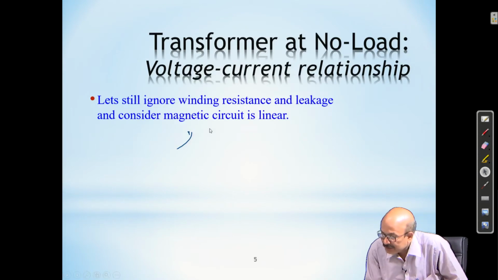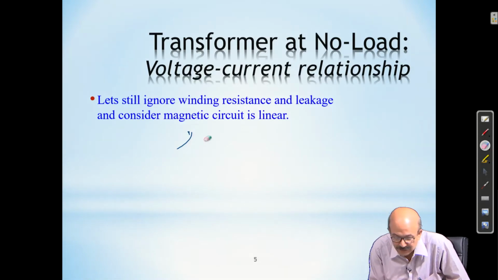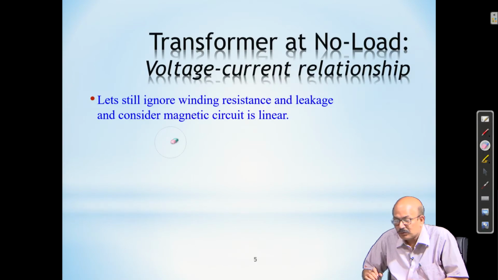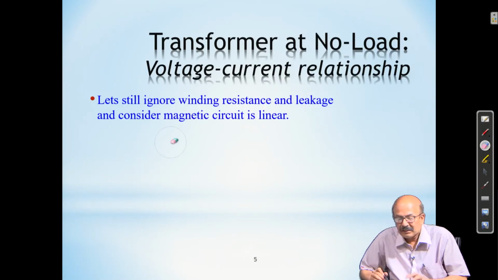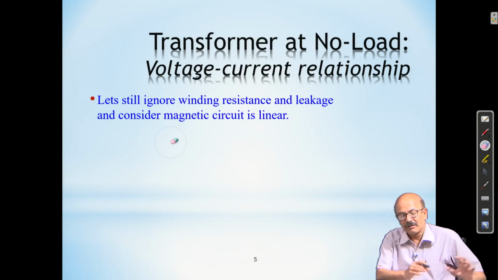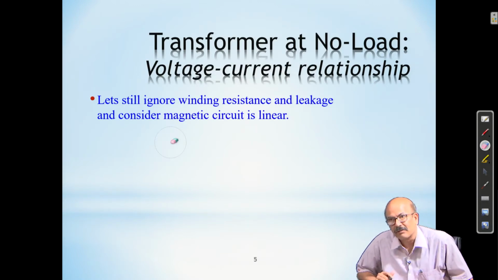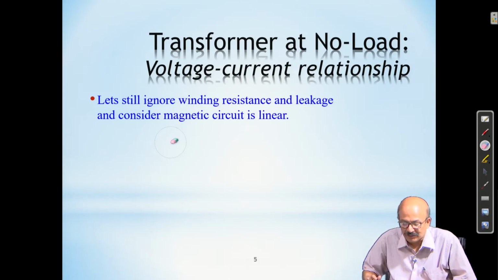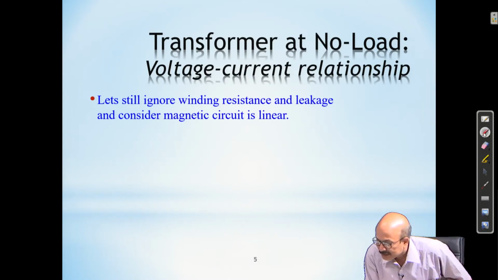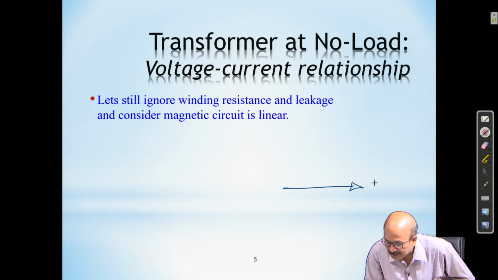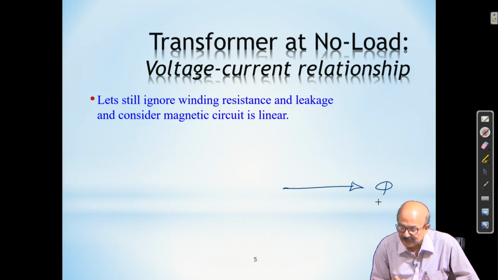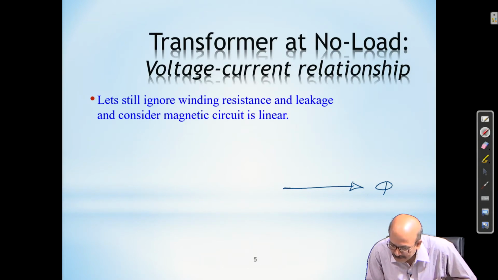If we do that, then how is the phasor diagram? It is better to check the condition with a phasor diagram rather than drawing all those voltage current waveforms. It is very quick and very easy to understand. Magnetic circuit linear, ignoring leakage. If we consider flux to be our reference phasor, a negligible amount of current is needed to produce this flux, I phi.